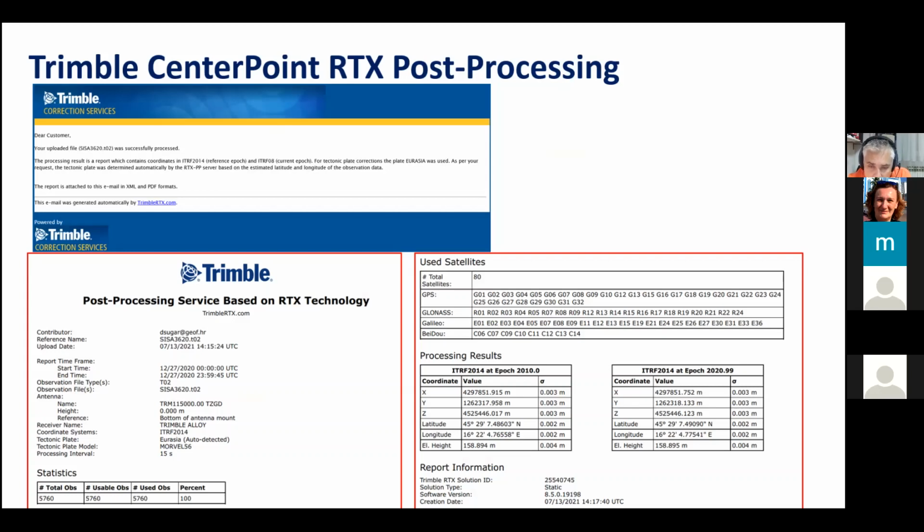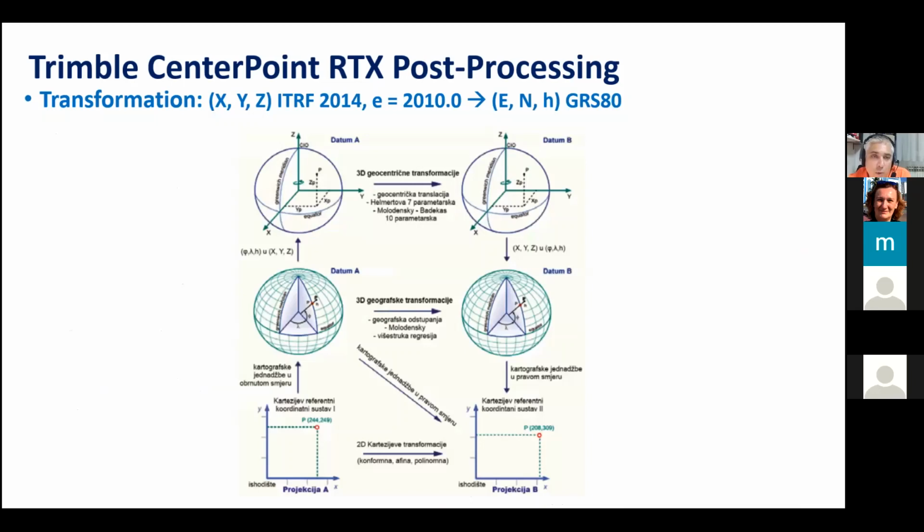And of course, there are rectangular Cartesian coordinates X, Y, Z, and the ellipsoidal coordinates given in terms of latitude, longitude, and ellipsoidal height. I've chosen X, Y, Z, and what I did for the sake of visualization, I transformed those coordinates in plane coordinates, easting, northing, and heights, referred to GRS 80 ellipsoid.